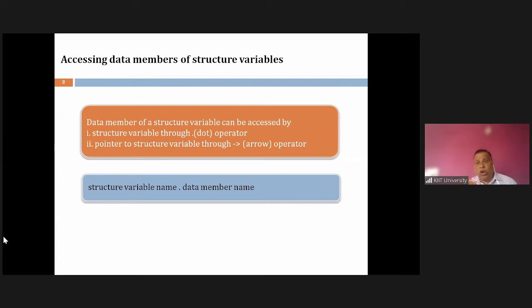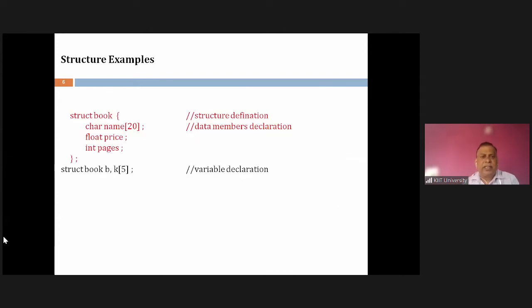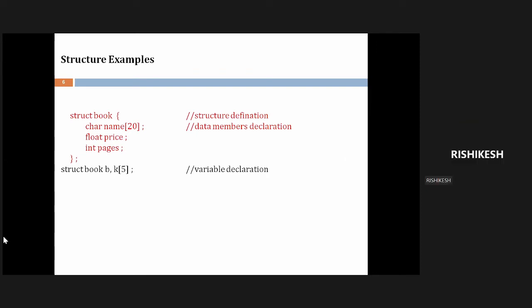So after the dot, we'll write the name of the data members, the way we access it in a simple case. Suppose I write char name[20]. If I want to access every character, how would I access it? name of zero, name of one, name of two.